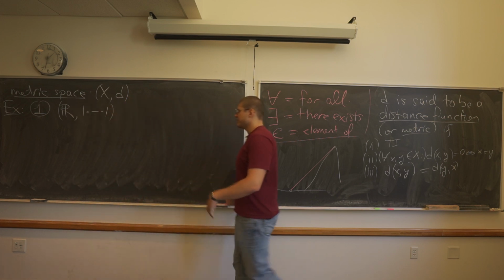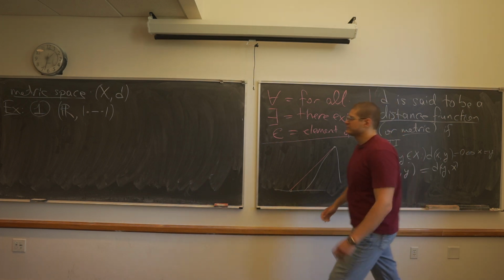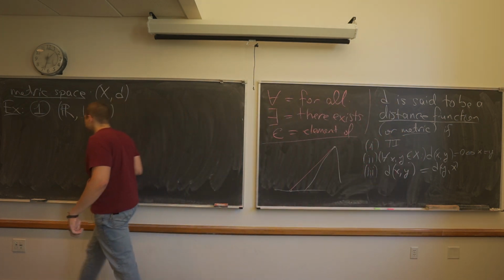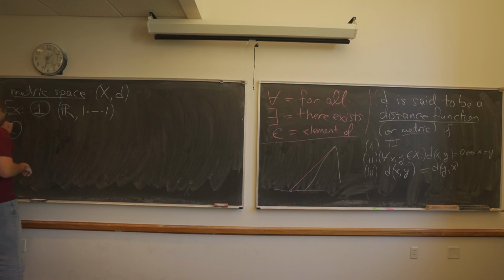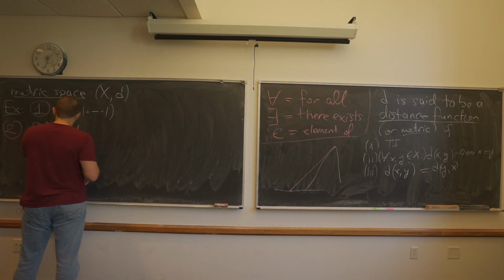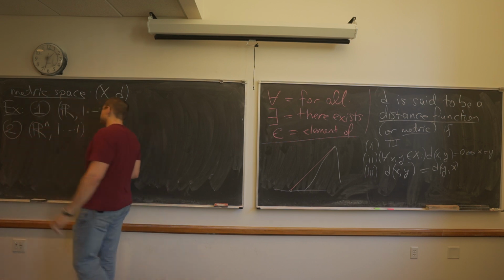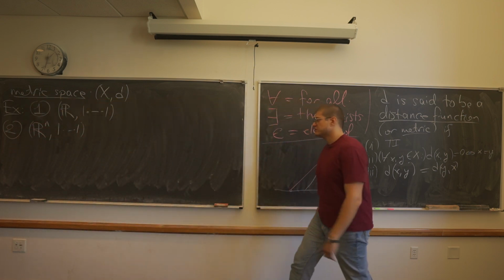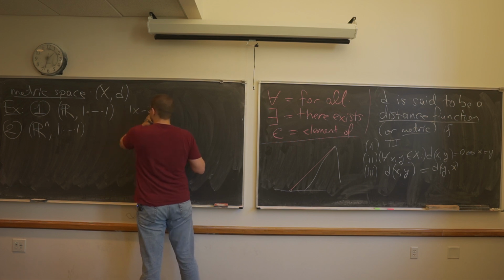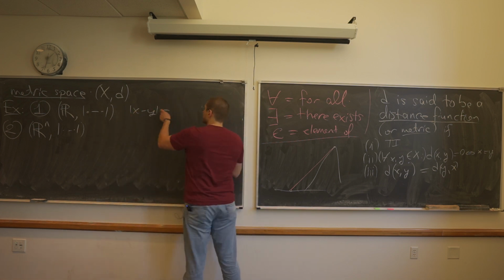I'm not going to verify, but it could be an exercise. Okay. Of course, more generally, if I have Rn with a standard norm, it's a distance. So in this case, maybe I should write it. That's what I'm saying. That's a distance.